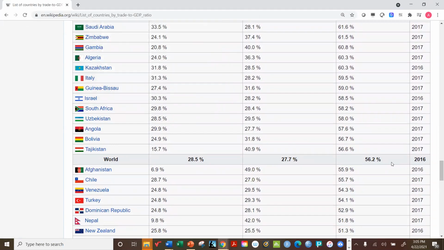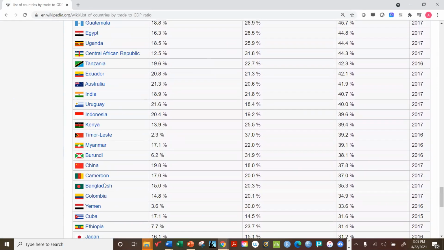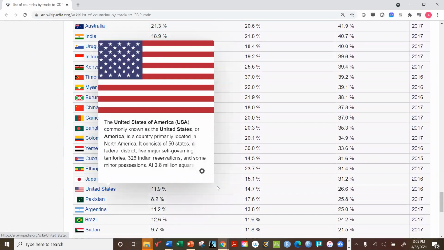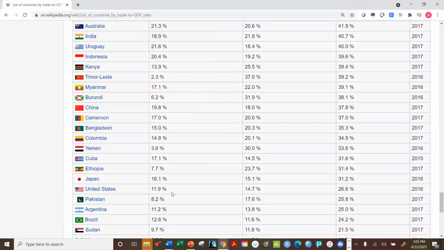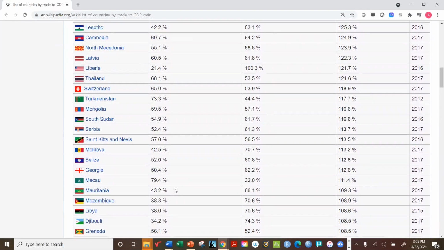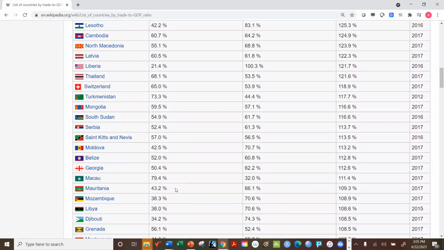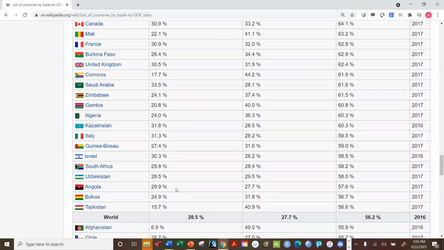I guess this is the standard throughout most of the world. These are the countries that are above the average, and these are the countries that are below the average. Well, here's the US. Now look how low these numbers are. Our exports represent about 11.9% of our GDP.